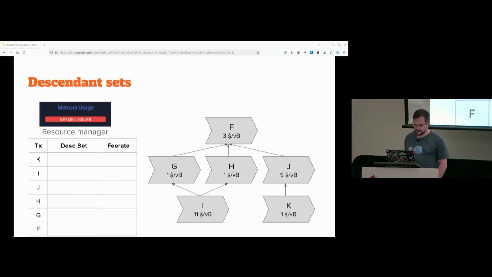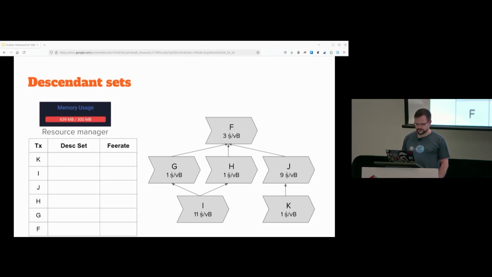And it also has the lowest descendant set fee rate. So descendant sets are exactly the same as ancestor sets, except we look at it from the other side. So for a descendant set, we look at the transaction and all of its descendants. We sum up their fees and sum up their sizes, and that gives us the descendant fee rate.